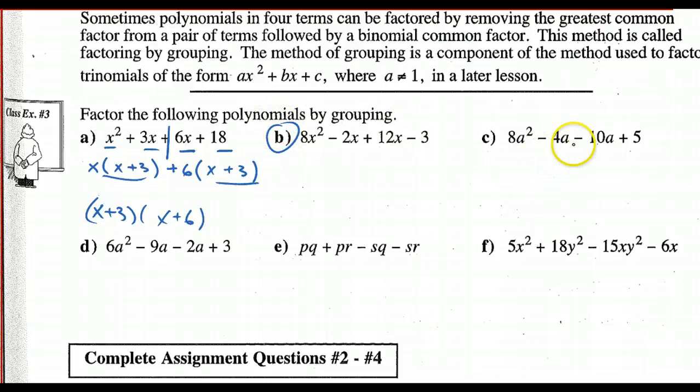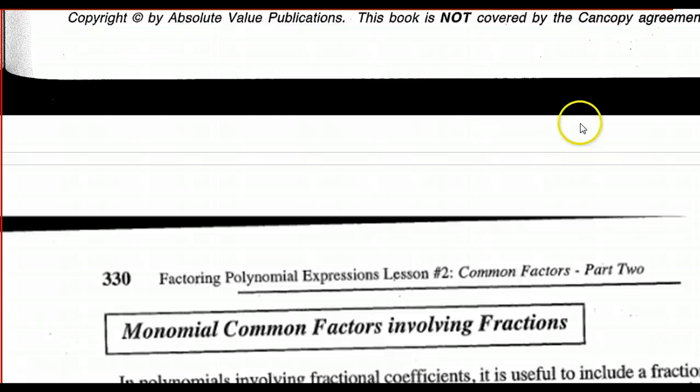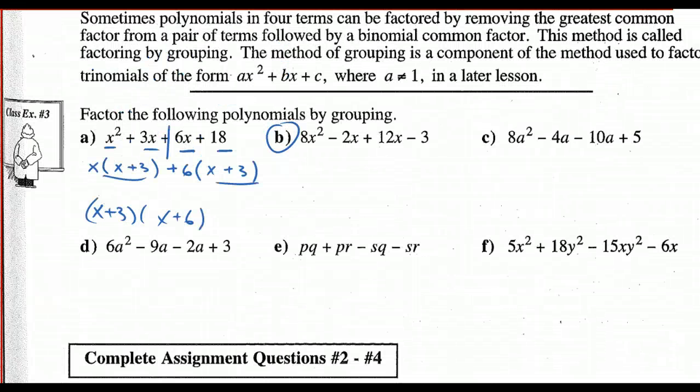Try that one. I'm going to skip to this one. So again, I'm going to make a line down the middle here and treat this as the left side and the right side. So do them separately. So what's common to 8a squared and negative 4a? Well, that would be a 4a.